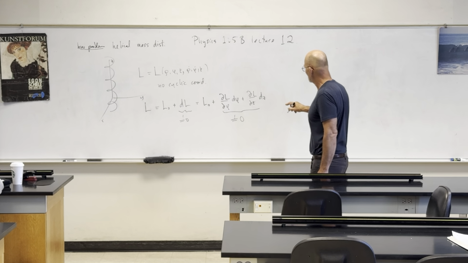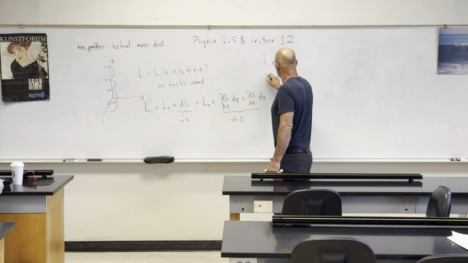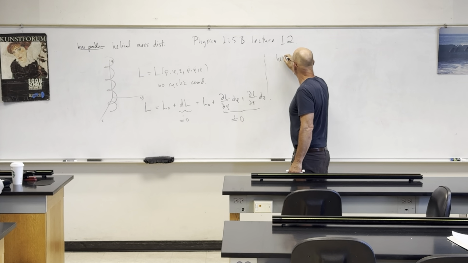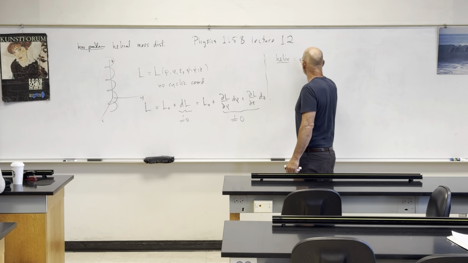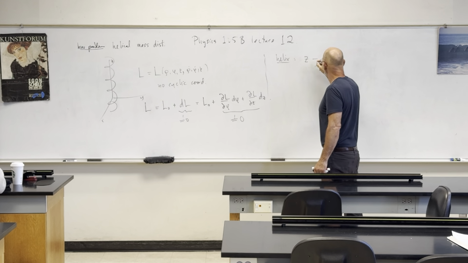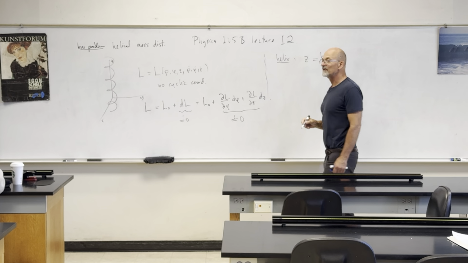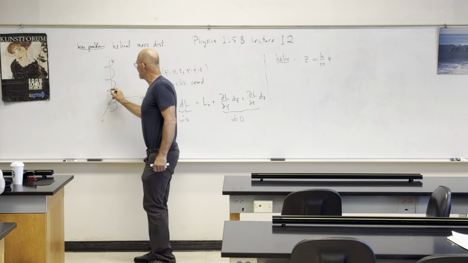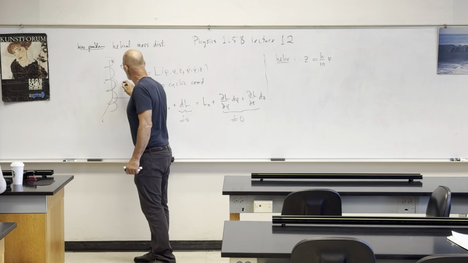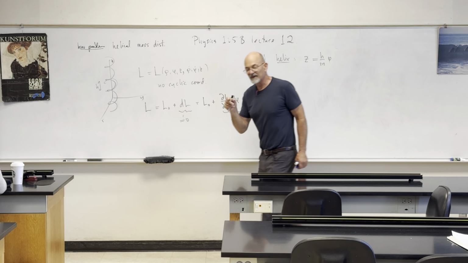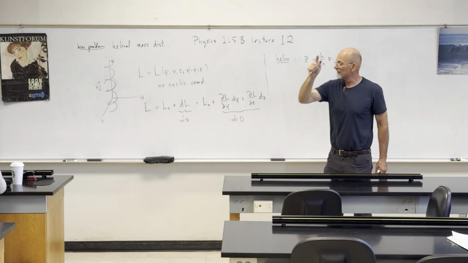Now, continuing then, for the helix, we can say we have z equals some height over 2 pi times phi. So every time I go around 2 pi, I go up some little height h. We can say that defines the helix.